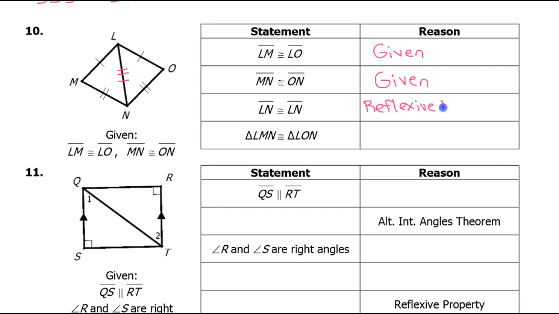All right, I'm going to abbreviate. So that makes these triangles congruent. So triangle LMN is congruent to triangle LON by the side-side-side theorem. Okay, because we have 3 pairs of sides.